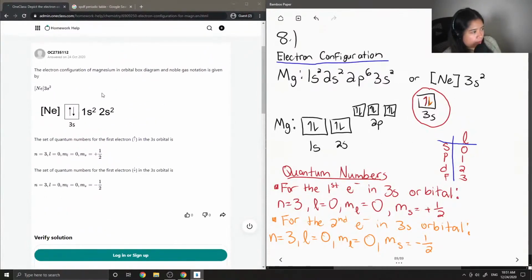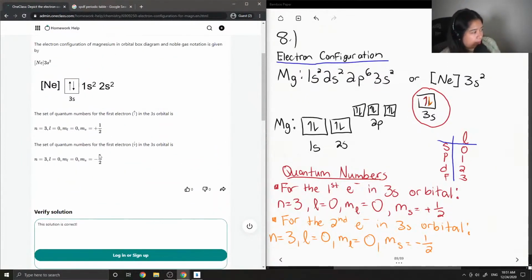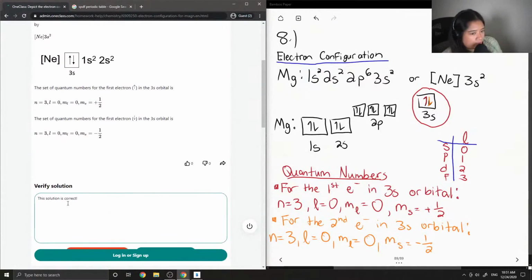Okay, so for the orbital box diagram, I'll just say that this solution is correct. There's just like a typo, or maybe something up with the image or the box diagram.